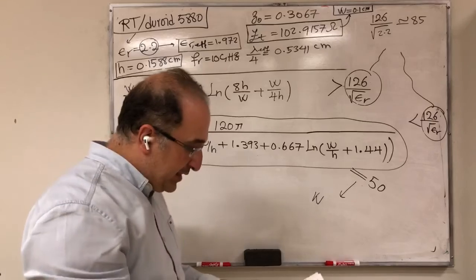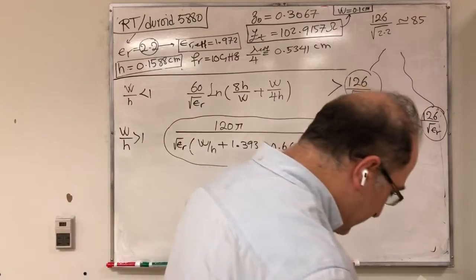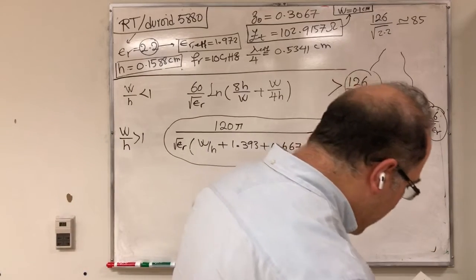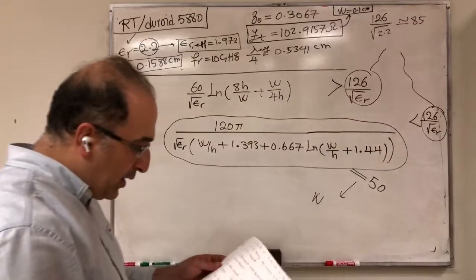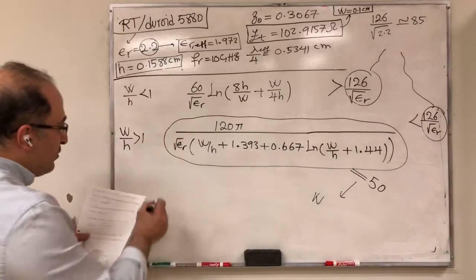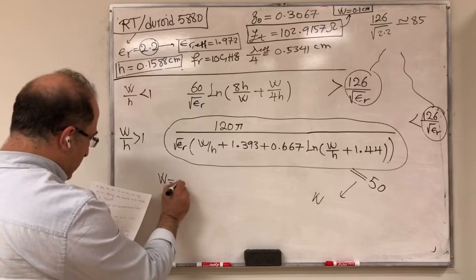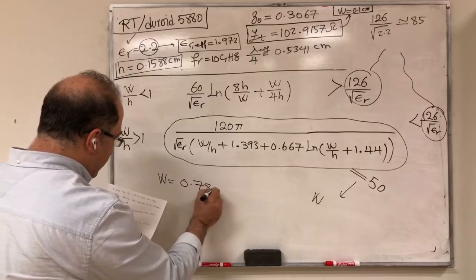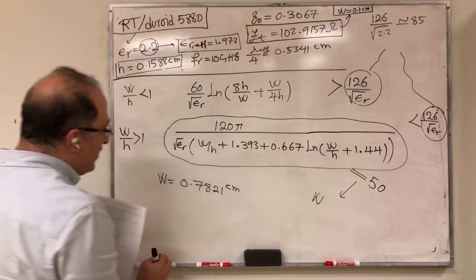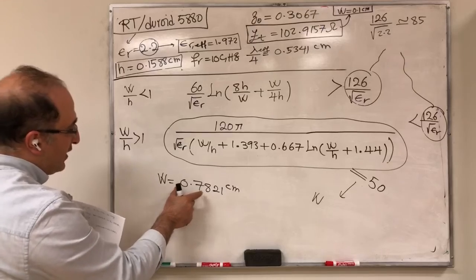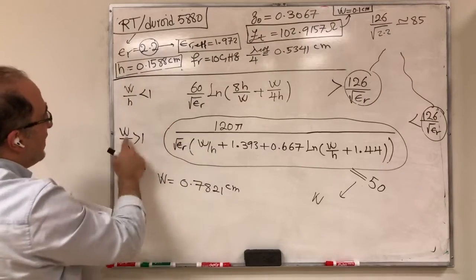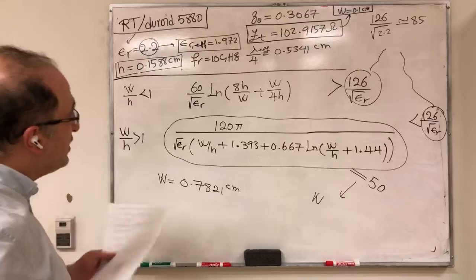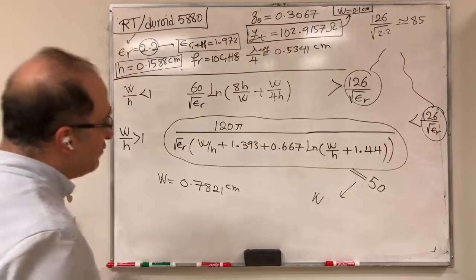So let me see if I have the answer for that. And that would be w 0.7821 centimeter. So as you see, the W that I have is going to be greater than H. So this is correct. So this is the W for the 50 ohm.